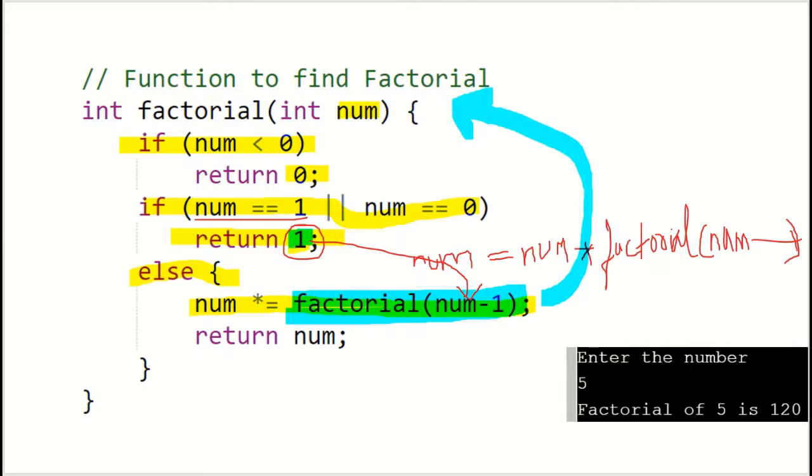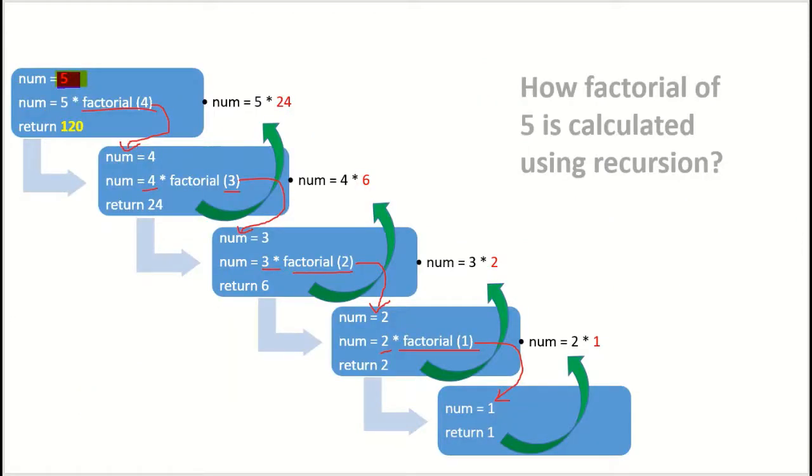So this will return this value 1 to the called function. This function copy was called from the same program itself, right? So it is returning this value 1 to here. So it is actually calculating 2 star 1, that is equal to 2, and this 2 is stored in num, and from this program it will return the value 2.